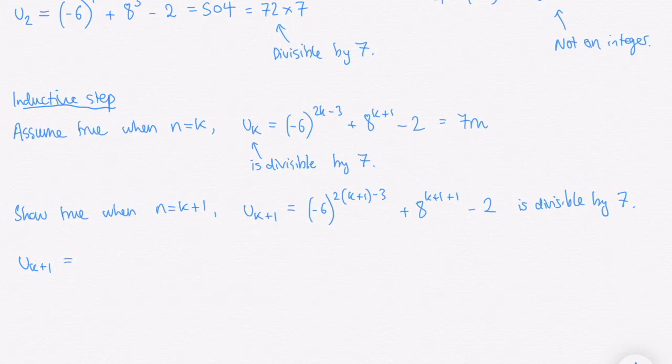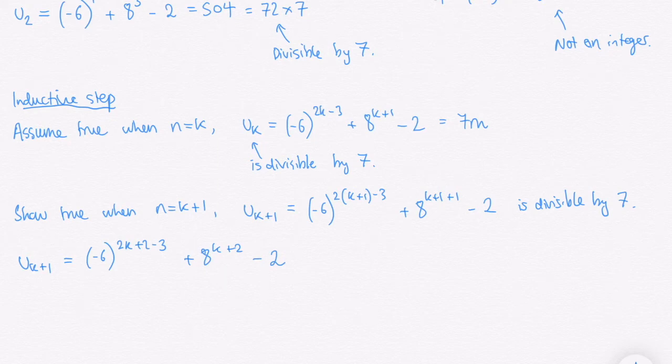Okay, so let's start with u_(k+1), and we want to show that this is divisible by 7 given our assumption. So u_(k+1) is equal to negative 6 to the power of 2k plus 2 minus 3, just expanding out that bracket, plus 8 to the k plus 2, subtract 2.